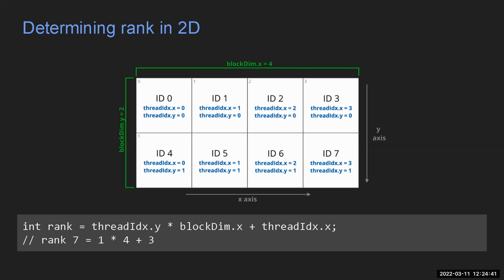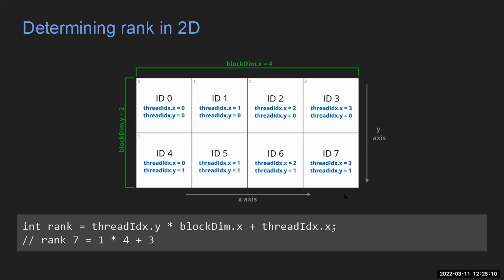We're the third thread in this row, so we add 3 to get our position in the row, and we've already accounted for everything before that, so we're done. You can see here I use thread index.y, which is 1, times block dim.x, which is 4, plus thread index.x, which is 3. So 1 times 4 plus 3 gives us 7, which is our ID here.